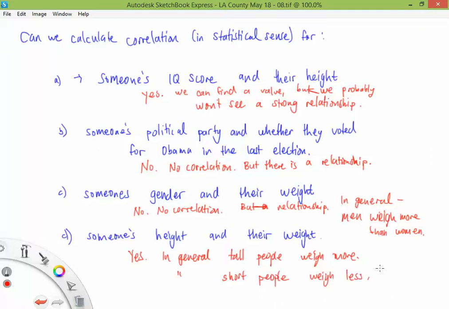Not necessarily so, but this is all about defining general trends. When we talk about individuals, any individual may stand out and be different, but we're talking about general trends. And when we talk about correlation, we're talking about general trends between two numeric variables.